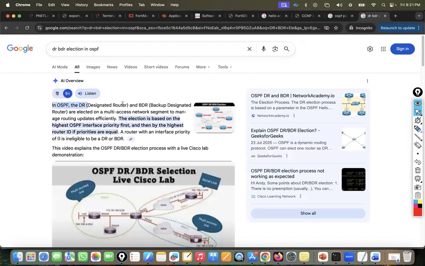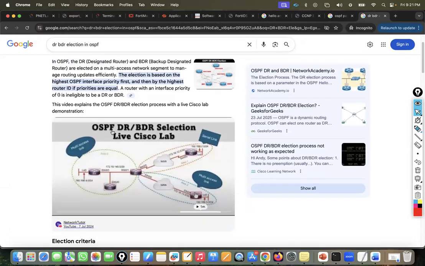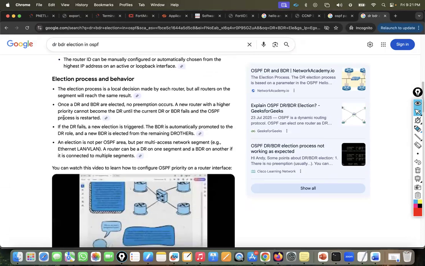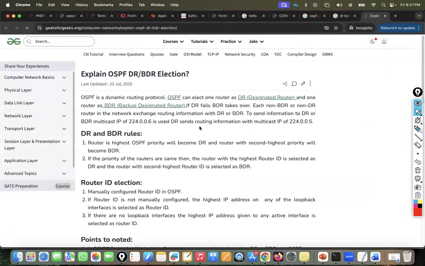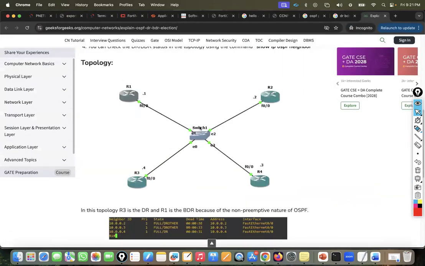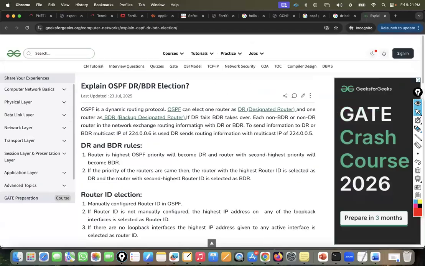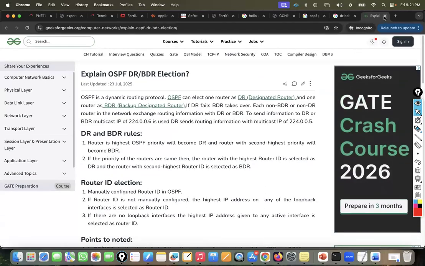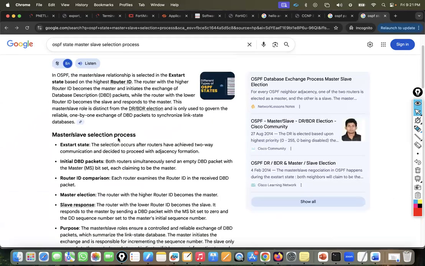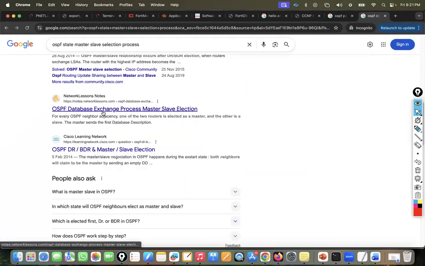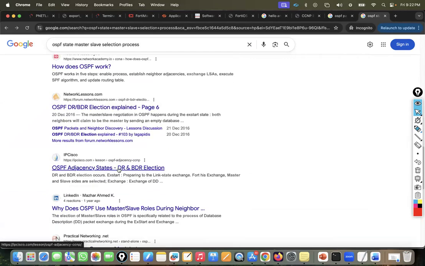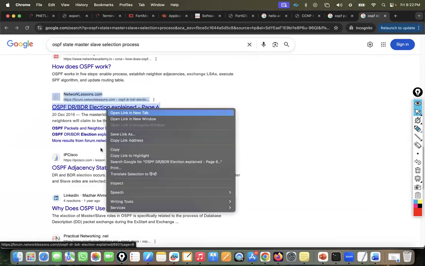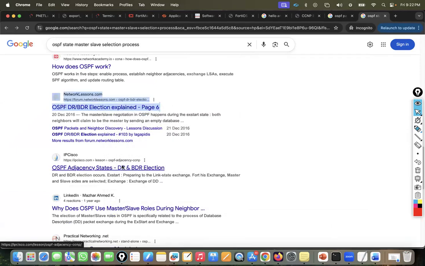So you see, in OSPF, the designated router and backup designated router are elected in a multi-access network, and I will explain. Point to point doesn't support the DR BDR. That's very important.